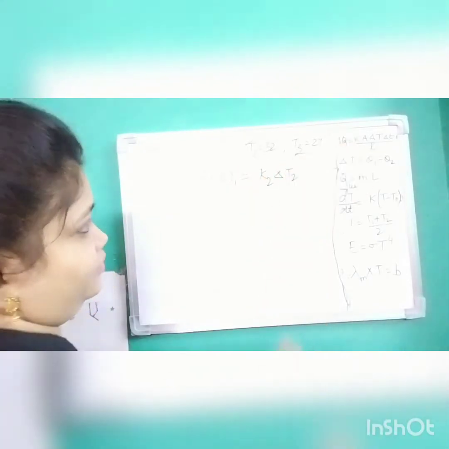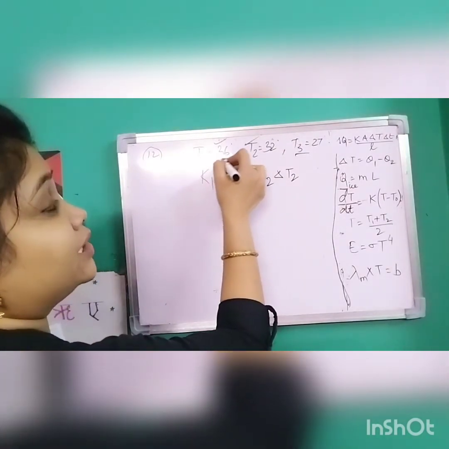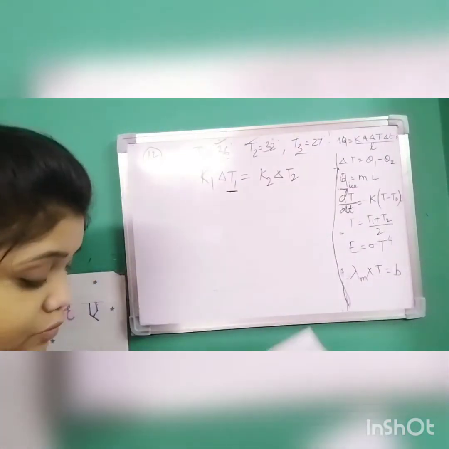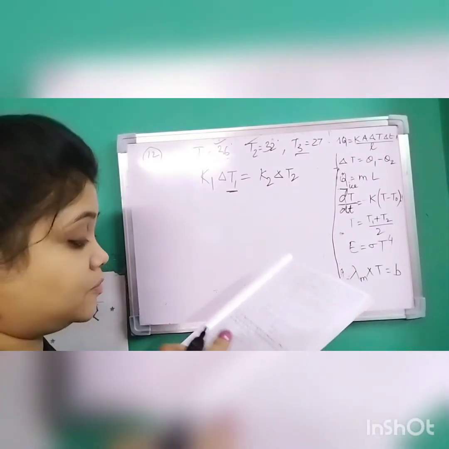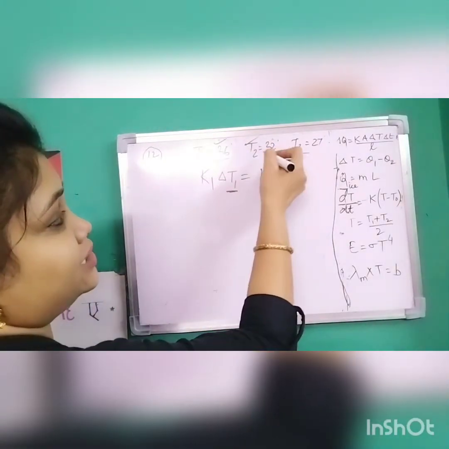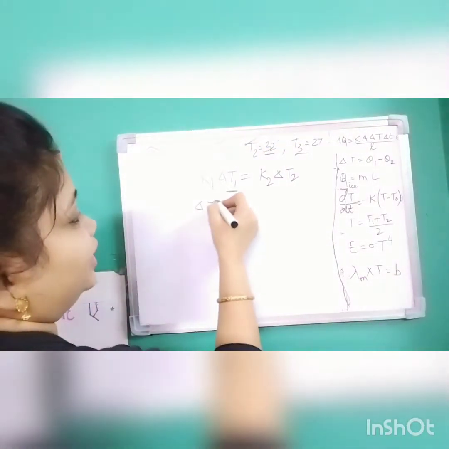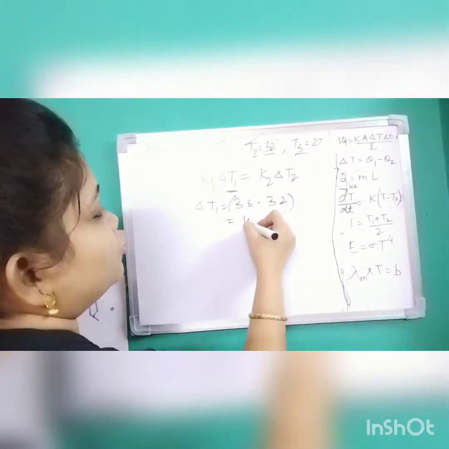They have not asked for T3. A is between the body and the vest, that means 36 and 32. So, delta T1 is 36 minus 32, which is 4 degrees centigrade.